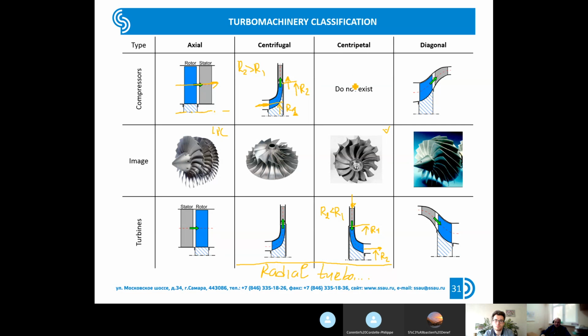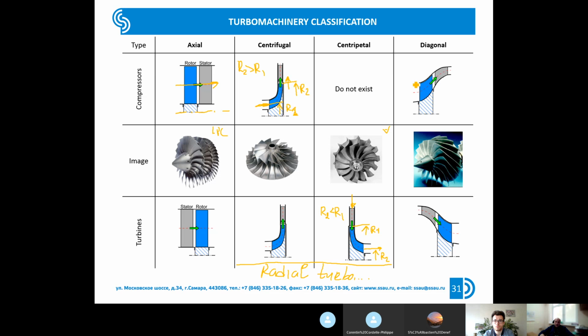The next moment. Axial, centrifugal and centripetal turbomachinery are widely used in real practice. The diagonal turbines and diagonal compressors are not widely used, but they have very promising characteristics between the axial and centrifugal stages.